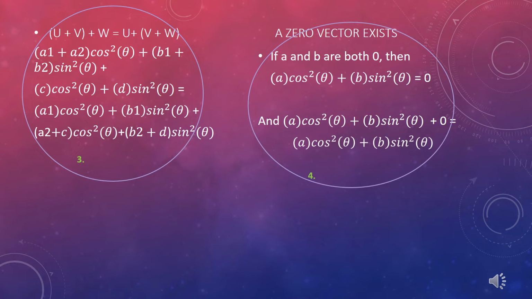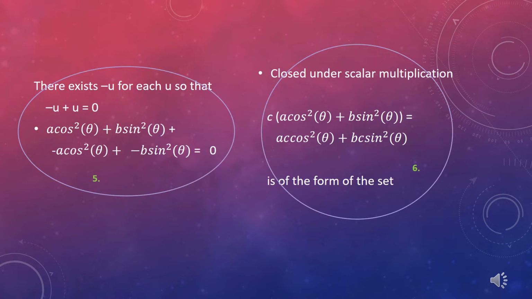You're not going to change the value of the vector. So you could create a 0 in the set by having your two scalars be 0, and also when you add 0 to an expression of this form, it doesn't change the value. So that, again, that's important to have something serve as the 0.